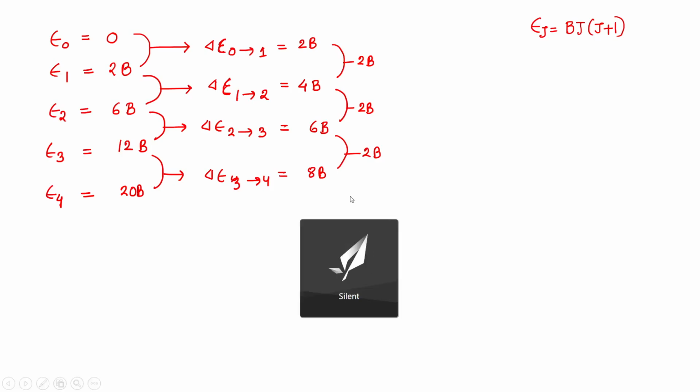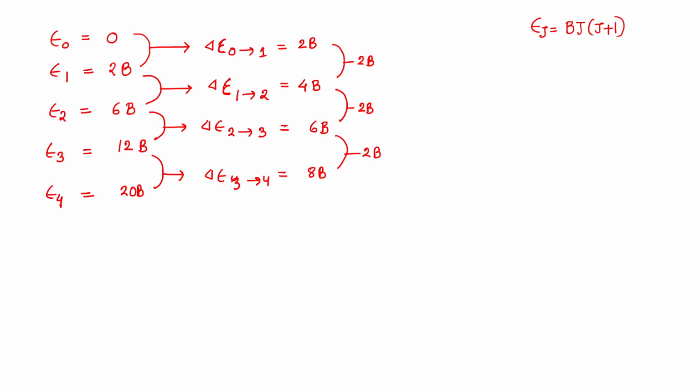So I told you that in the spectrometer what we record is the rotational spectrum, and it is actually something like this. If this is the intensity, the y-axis, and this is the energy scale, or wave number.